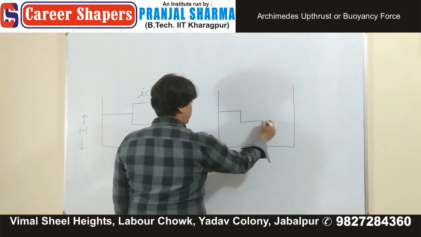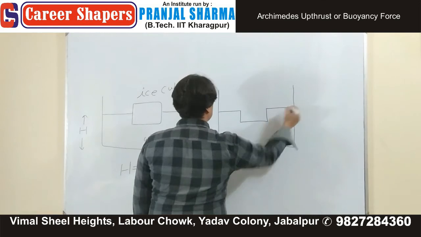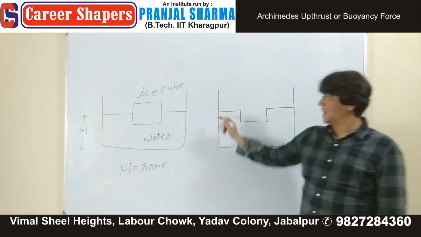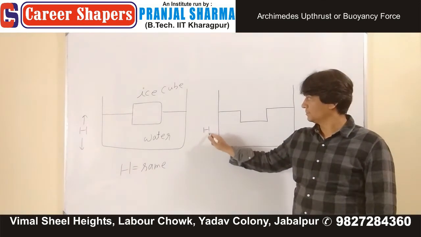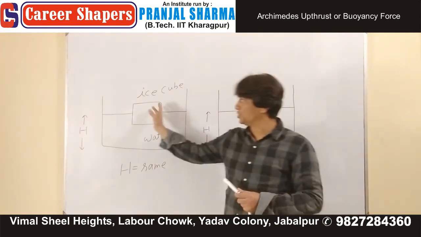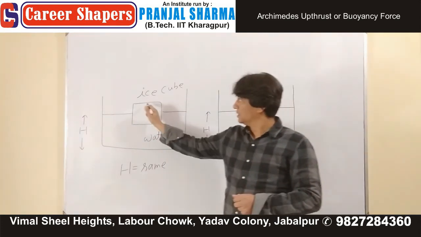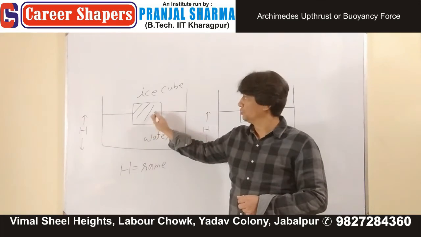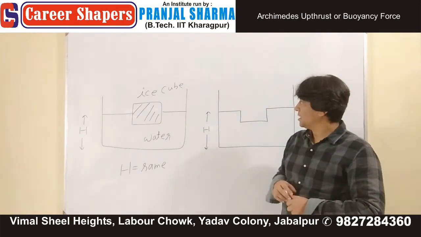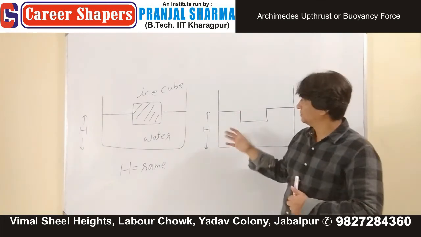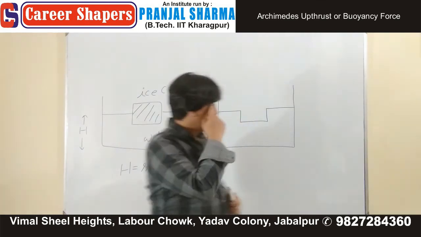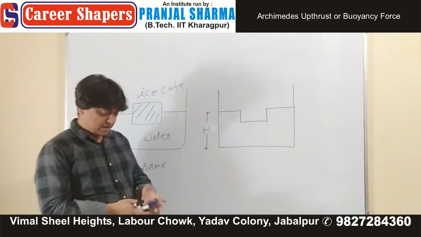And do tell me if you understand this or not. This is the same H. So the question is that you have an ice cube, a solid ice cube, and then it melts. When it melts, what you get? The final answer is that H remains same. Now let's prove it with the help of this technique.